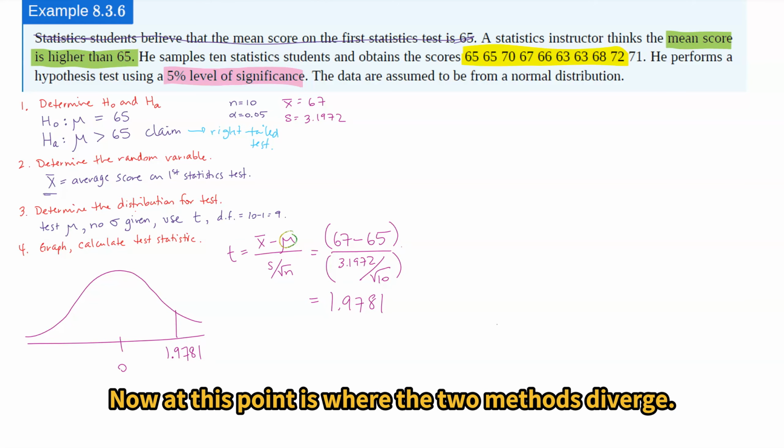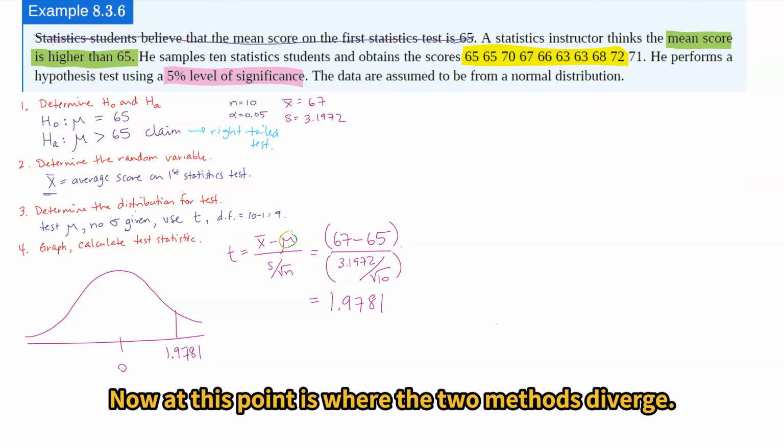So let's pop over here to Google. We'll put in 0.95 and our degrees of freedom being 9. And we get back 1.8331. Now, I already have my test statistic on the graph. My critical value was 1.8331.